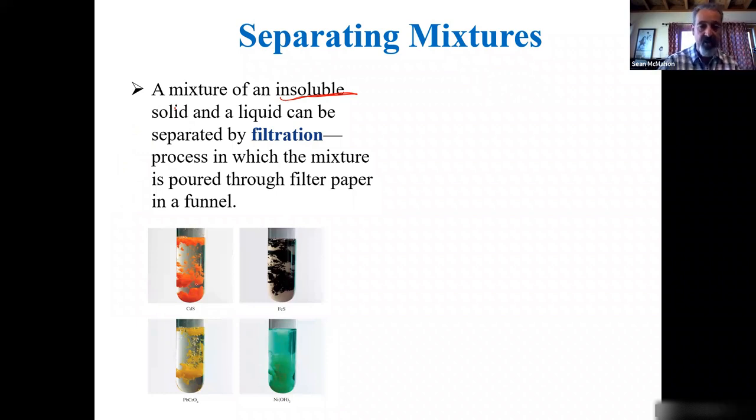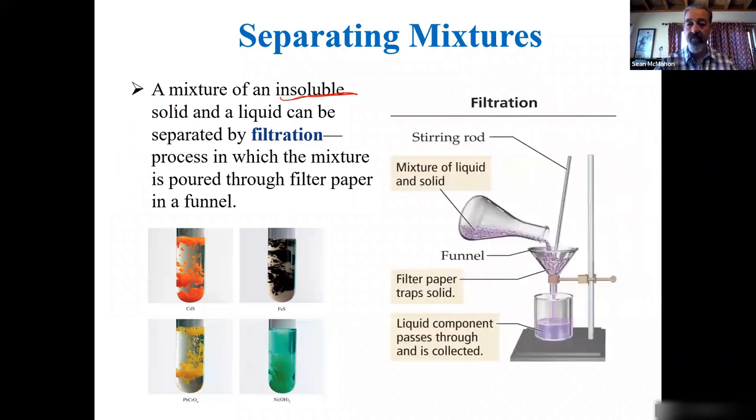How? What I said before, I could use filtration. The solid's big enough, so when I pour this solution, or actually this is a mixture, a heterogeneous mixture, and it would be a suspension, I can pour this suspension through the filter paper, and because the solid's big enough, it will stay trapped in the filter paper, and then the liquid will pour through. So that is a separation technique for mixtures.